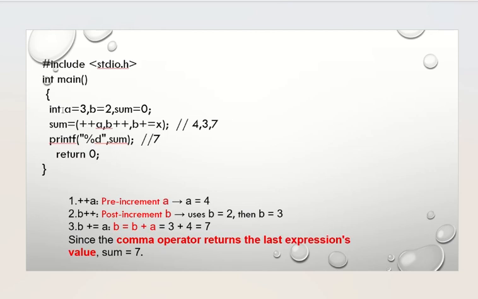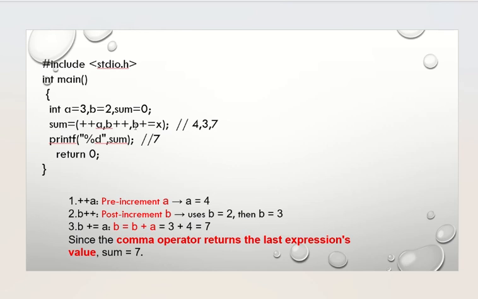Next, here int a equal to 3, b equal to 2, sum 0. So sum equal to ++a, b++, b += a. What is ++a? Pre-increment. What is the value of a? The value of a is 3. After pre-increment, the value gets 4.